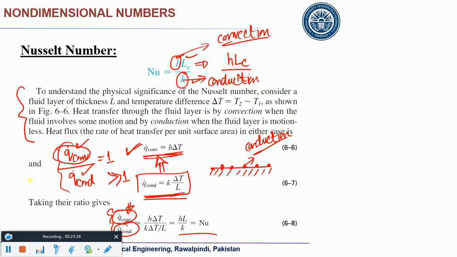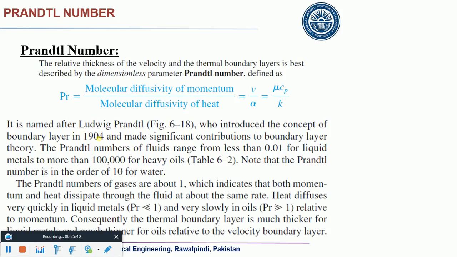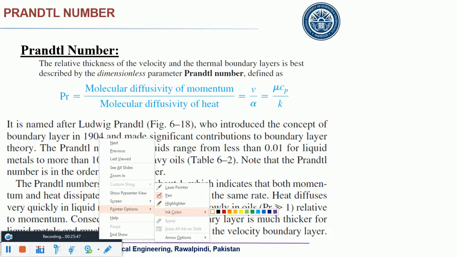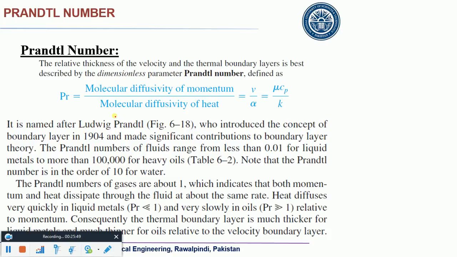So you know what the Nusselt number is now. Now let's talk about another non-dimensional number, which is the Prandtl number. This is the definition of the Prandtl number. Prandtl number is a ratio of molecular diffusivity of momentum and molecular diffusivity of heat.